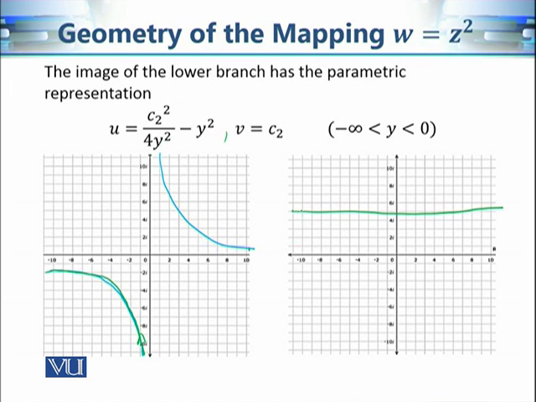And if we travel in this way, and y becomes a very, very small number, then this number becomes very, very large, and so if we travel in this way, then in its image under the mapping f of z is equal to z square, we will be traveling from left to right.